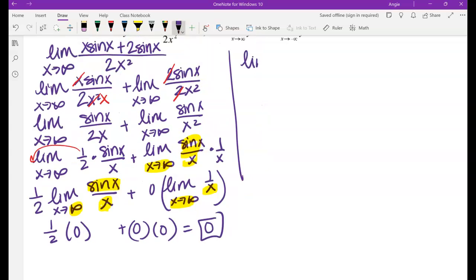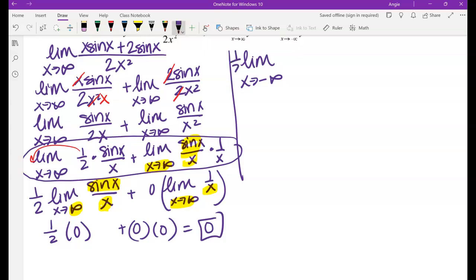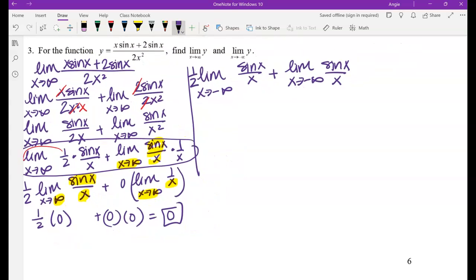Now, this side, we are going to use x approaches -infinity. If it's okay with you guys, I'm just going to go straight to this breaking step here. I'm going to even pull that constant out in the front. Limit as x approaches -infinity of sine of x over x, plus limit as x approaches -infinity of sine of x over x times limit as x approaches -infinity of 1 over x.